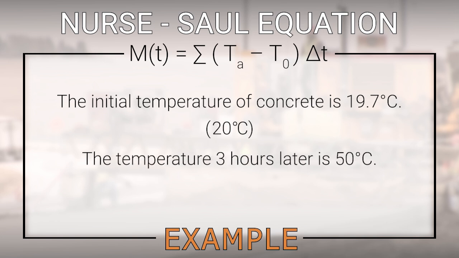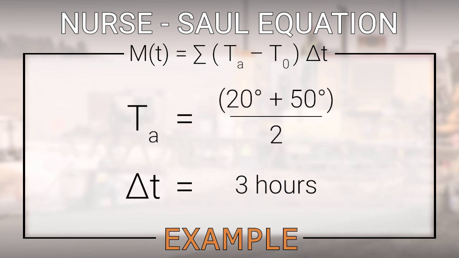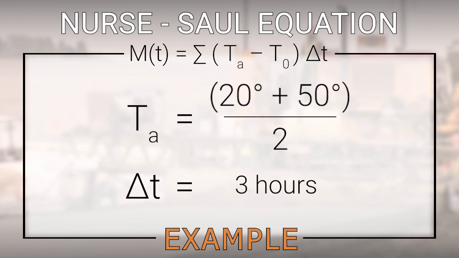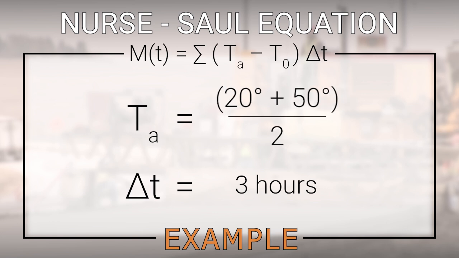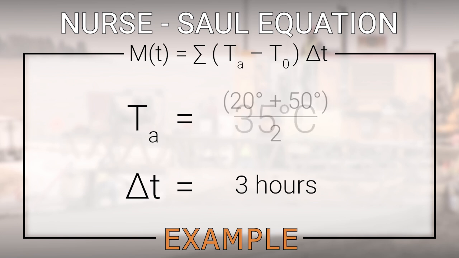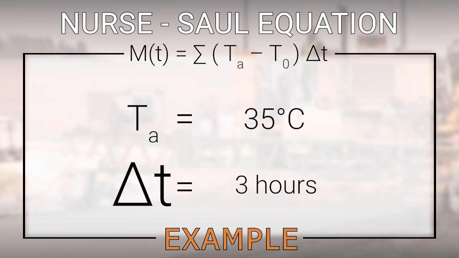In this example, another reading is taken 3 hours later, reading 50 degrees Celsius. Next, the average temperature is calculated using the initial temperature and the temperature reading taken at 3 hours. The average temperature calculation is 35 degrees Celsius, and the delta T, the time interval, will be 3 hours.